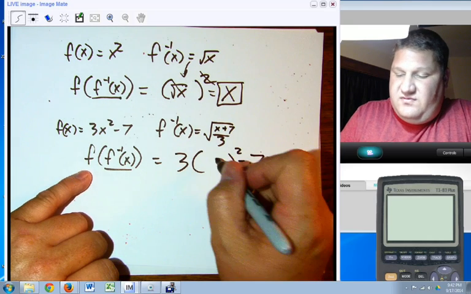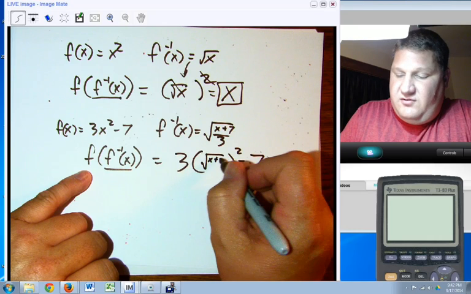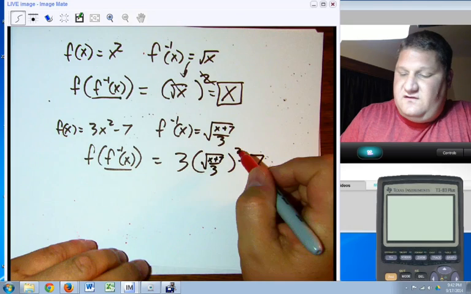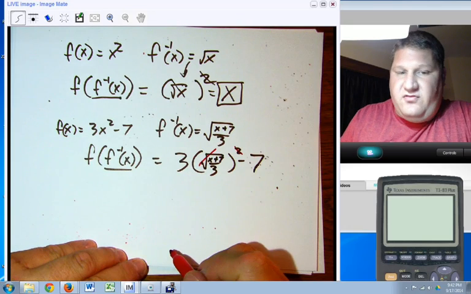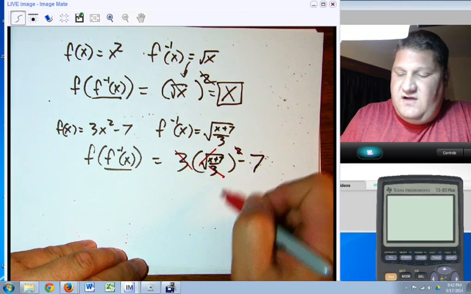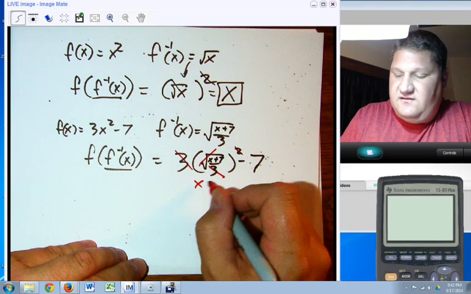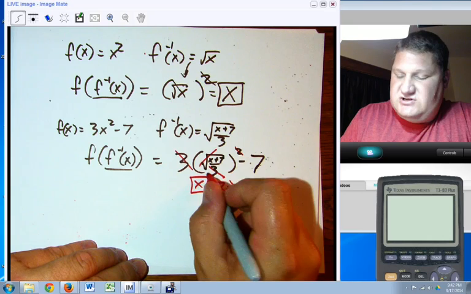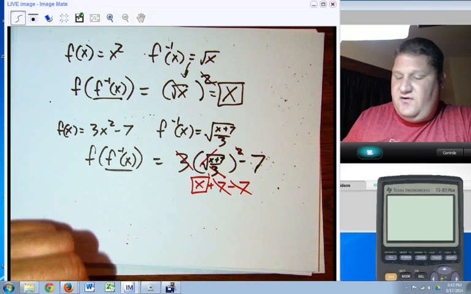The something is the square root of (x plus 7) over 3. Well, what's going to happen to the square root and the square? They're gone. Times 3, divide by 3, they're gone. That leaves me x plus 7 minus 7. Those are gone, leaving me just plain old x, and those must be inverses.